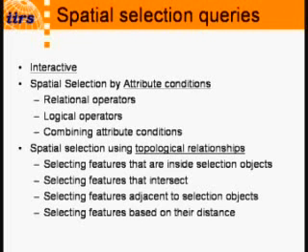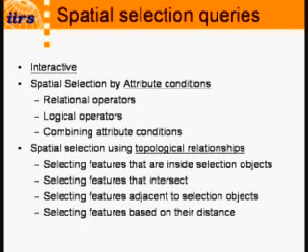Now with this topological spatial selection, earlier whenever we wanted to retrieve some polygon, you had to do a certain set of operations. But here basically you use these topological relationships, you identify certain records, and then you can do further analysis or further selection on the basis of topological relationships.